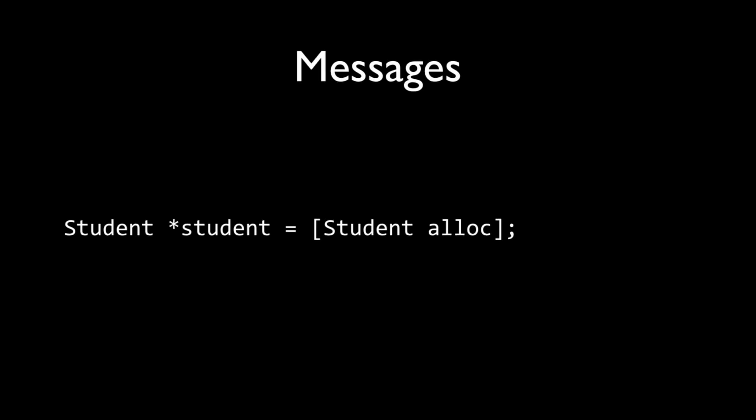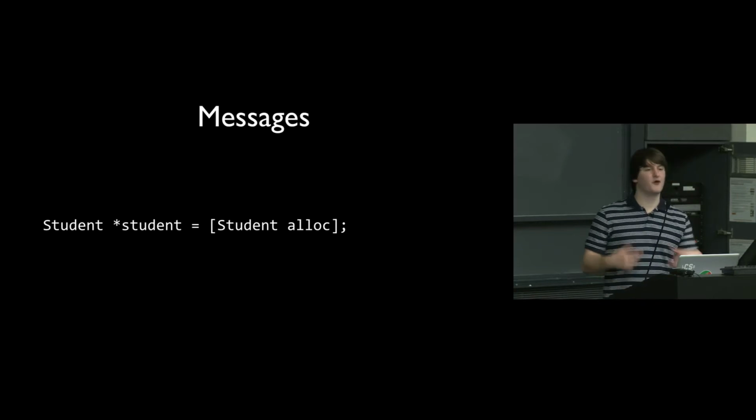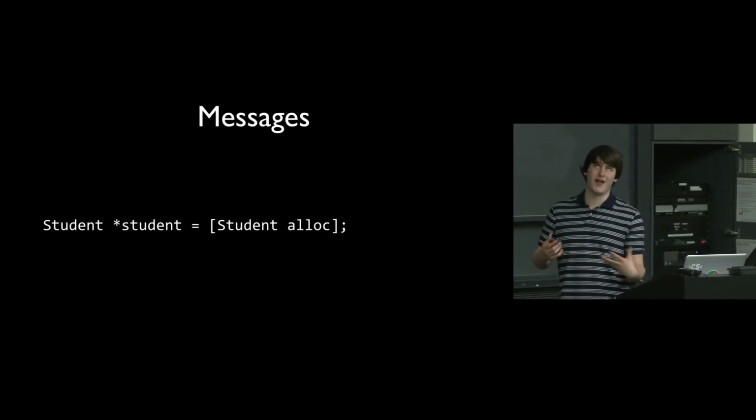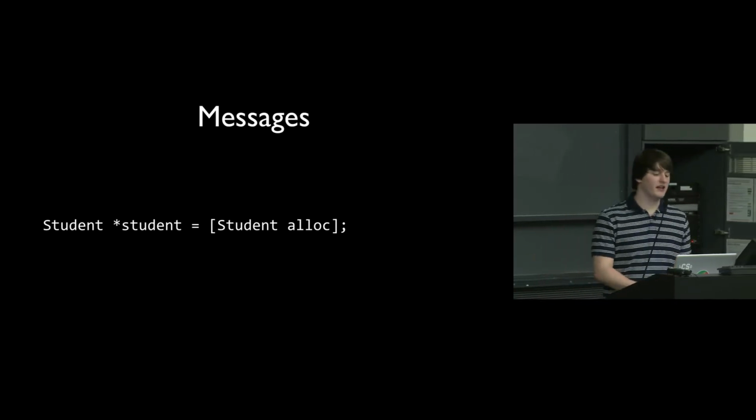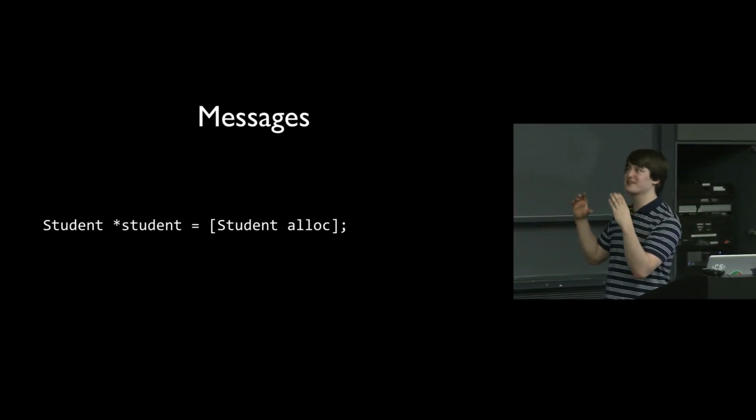Okay, so first let's look at this. So messages. In other object-oriented languages, you don't really, well, some you do, but Java you don't. So messages are going to be the way that we invoke methods on objects and classes. So here, this square bracket syntax is what you're going to be using to send messages.